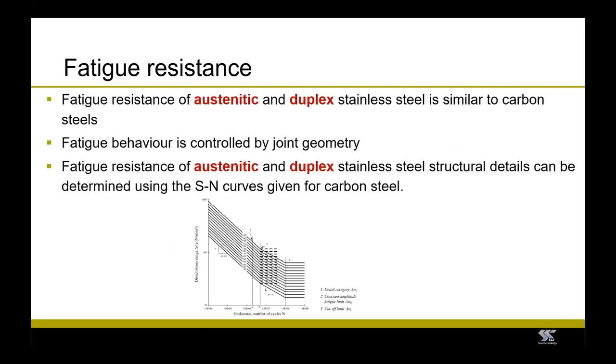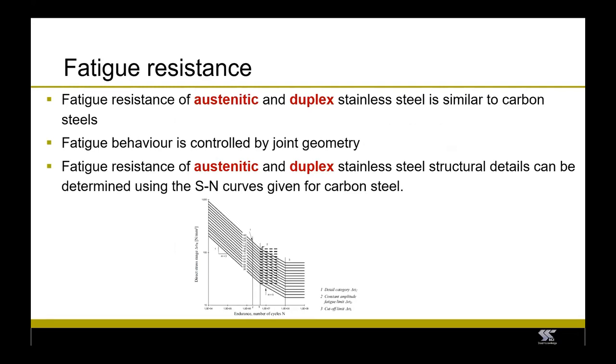Okay, so a few words about fatigue before I hand over to Nancy. Austenitics and duplex stainless steel are the alloy families that are most likely to be used for components that might be subject to fatigue loading.